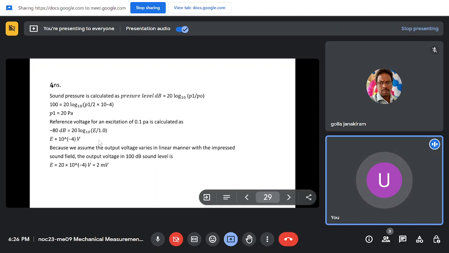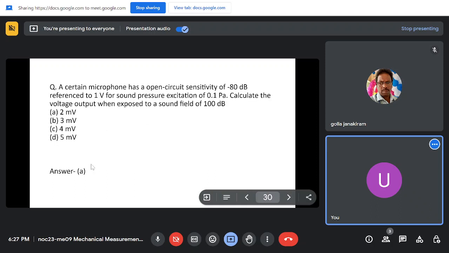So for 20 pascal, we have to multiply with the excitation voltage. There we'll get 20 into 10 power minus 4, which is 2 millivolts. So the answer is option A.